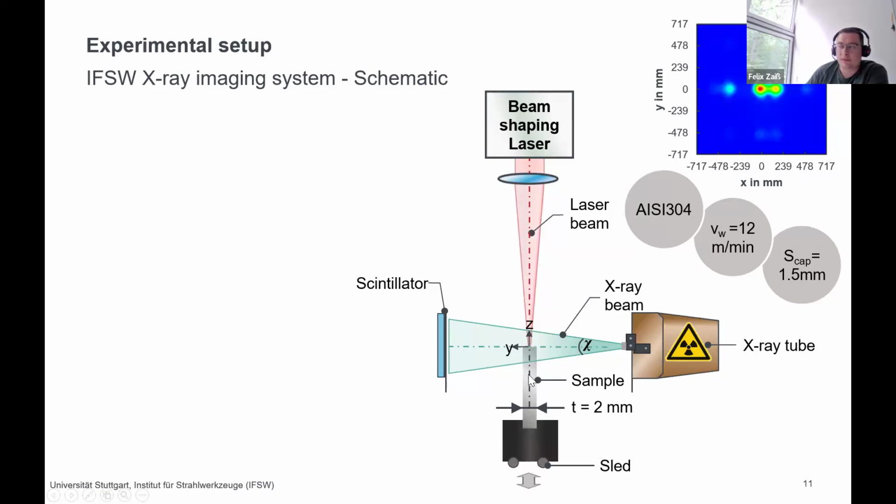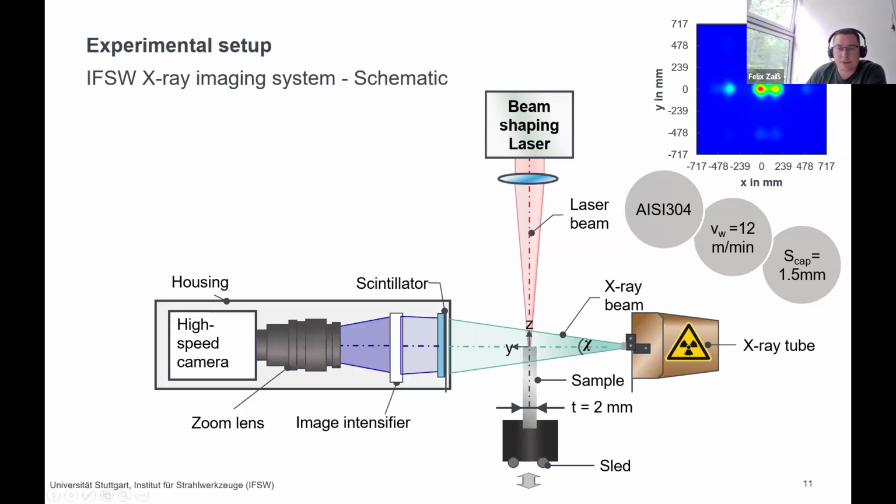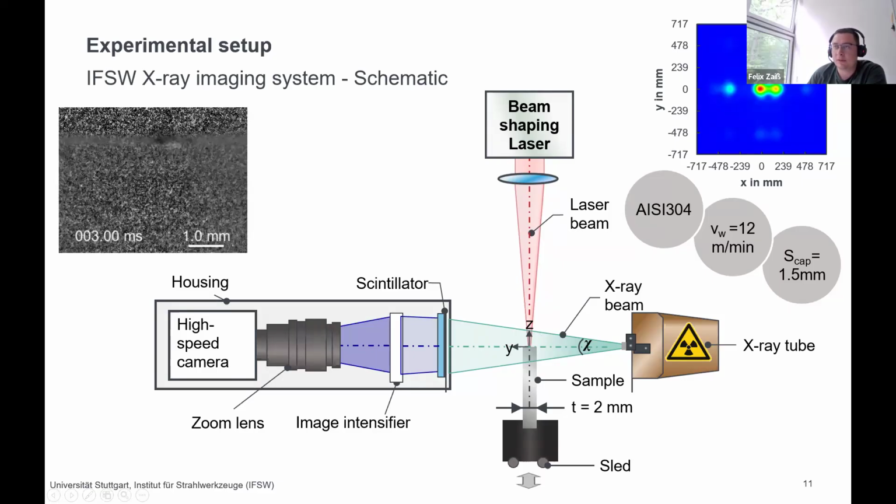So we are welding perpendicular to the X-ray beam. So the beams are then attenuated based on the local density. And these beams hit a scintillator that converts the X-ray beams into visible light. And then we have an imaging system with an image intensifier to record the process, basically.